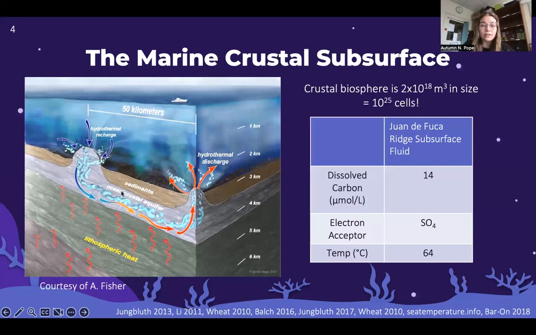So this is where we were sampling, where we got our samples.